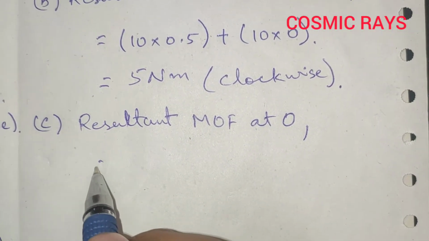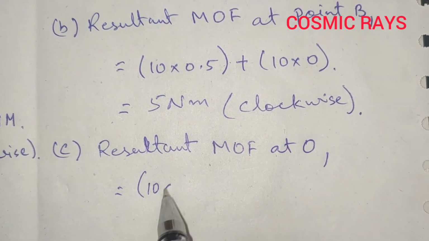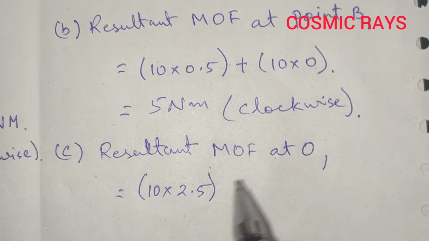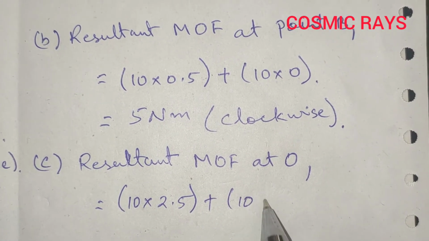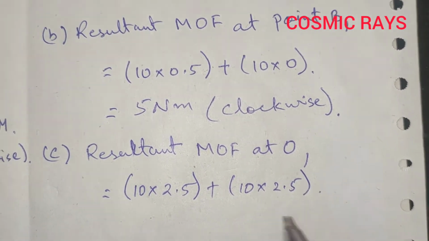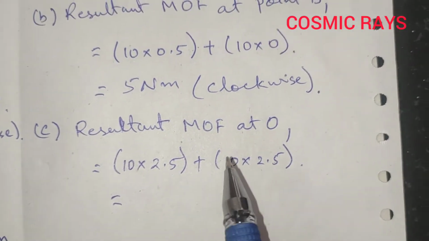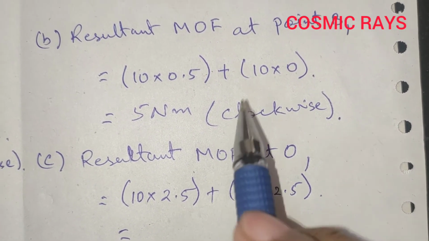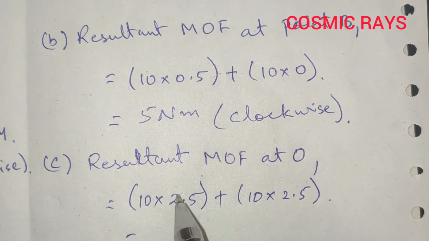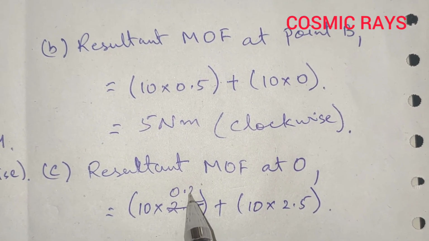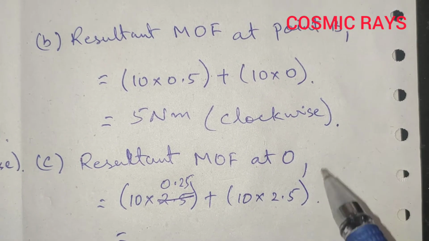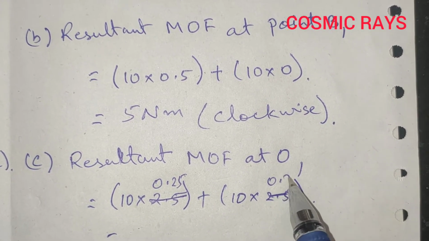So the force is 10 into 0.25 plus from B also the distance is 0.25.